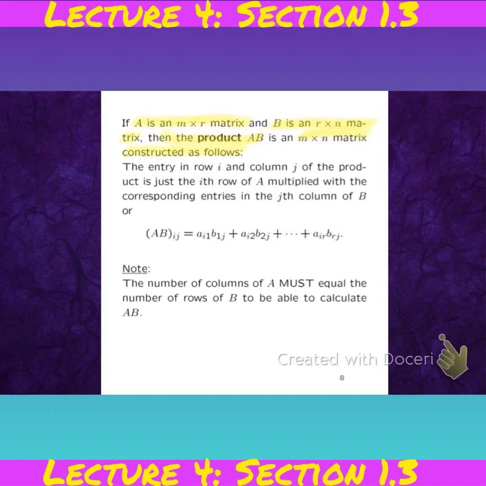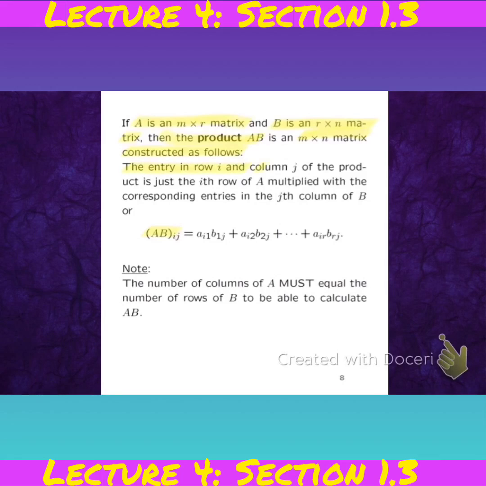So if we want to know what the matrix A times B looks like, we need to find a general expression for the entry in the ith row in the jth column of A times B. So the entry in the ith row in the jth column of A times B is defined as follows.